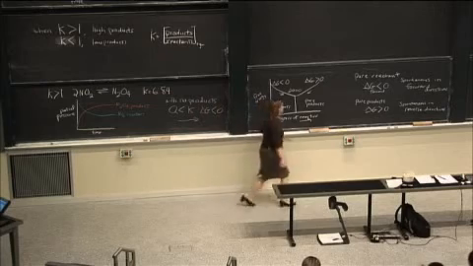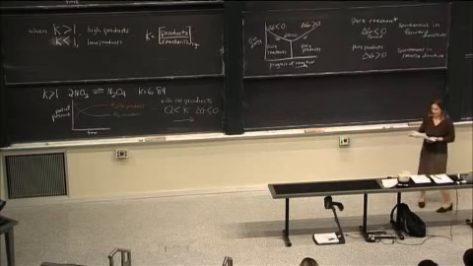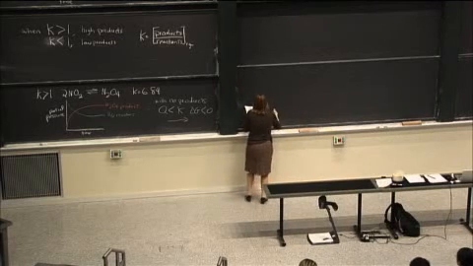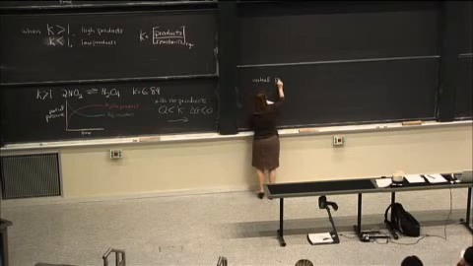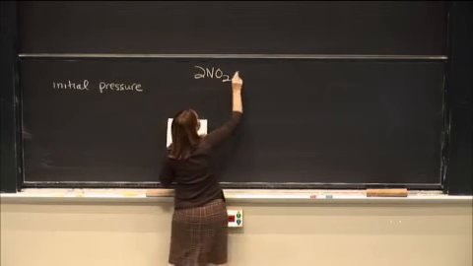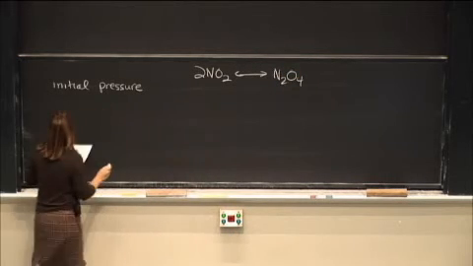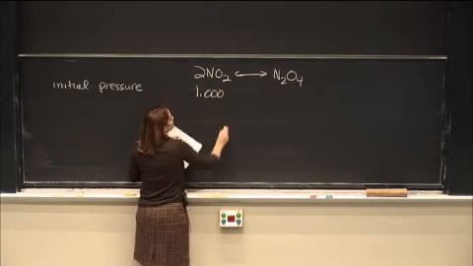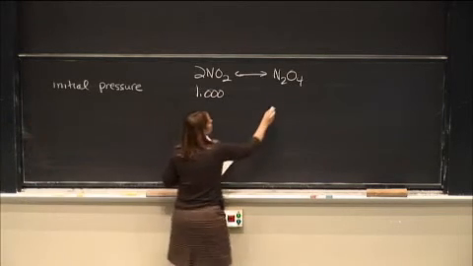So now let's calculate what the concentrations are going to be at equilibrium. So initially, you have your initial pressure for the reaction, 2NO2 going to N2O4. And our initial concentrations are given as 1 bar. And we have no product.